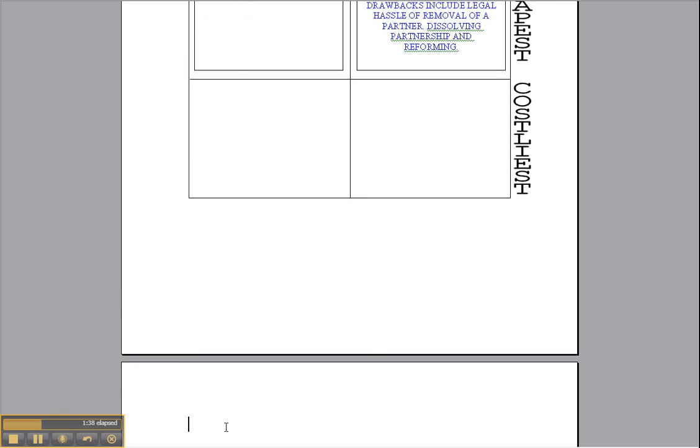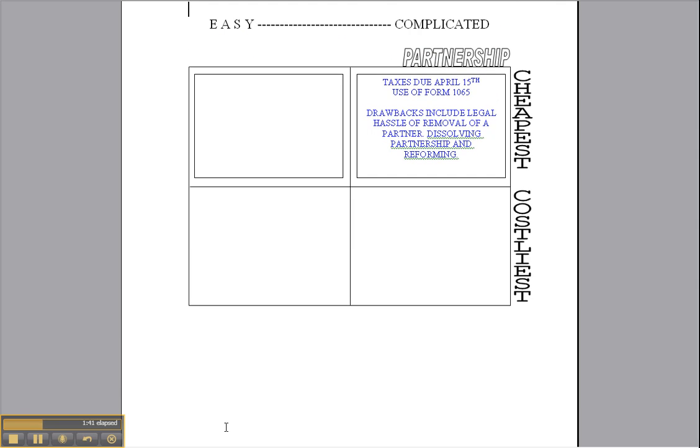Going to the next one, is the partnership, which is a little bit more complicated than the sole proprietorship. Taxes again are due April 15th. The use is the Form 1065. The drawbacks include the legal hassle of removing a partner. If a partner dies, moves, or there's a divorce or a separation, dissolving a partnership really is the only legal way to get that partner off of the books.